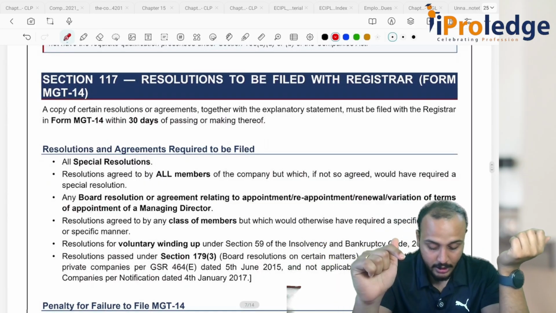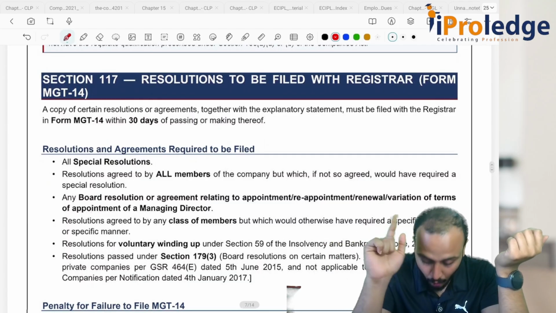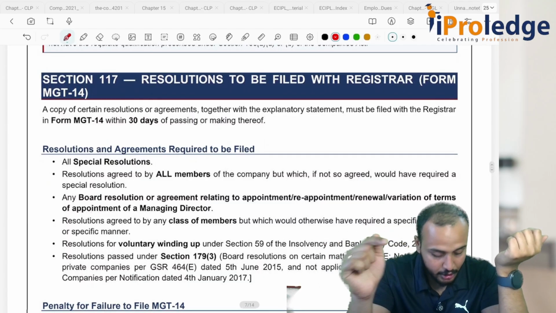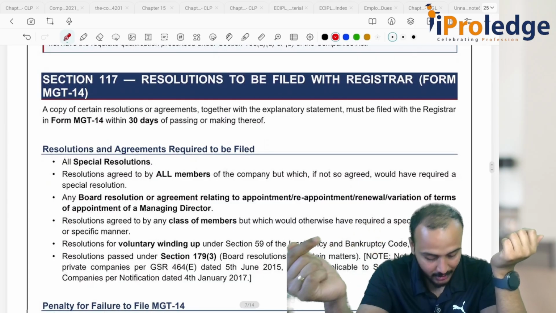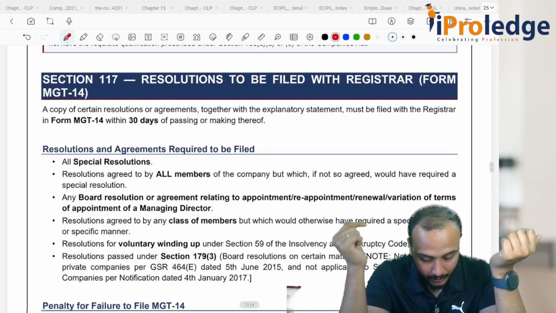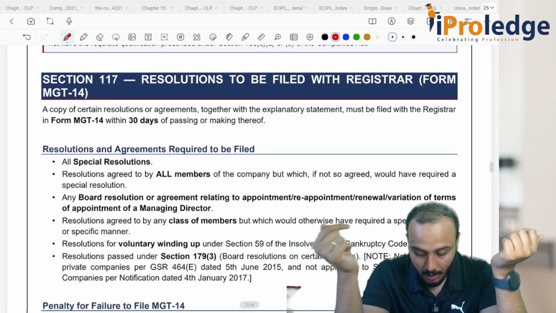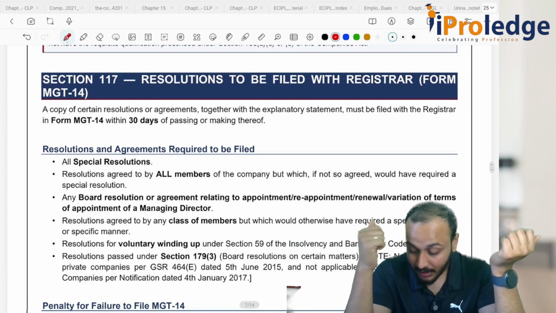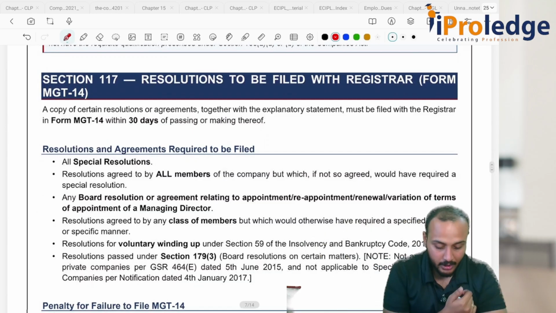Then, any board resolution or agreement relating to appointment or reappointment or renewal or variation of terms of appointment of the managing director. Resolutions agreed to by any class of members, but which would otherwise have required a specified majority.